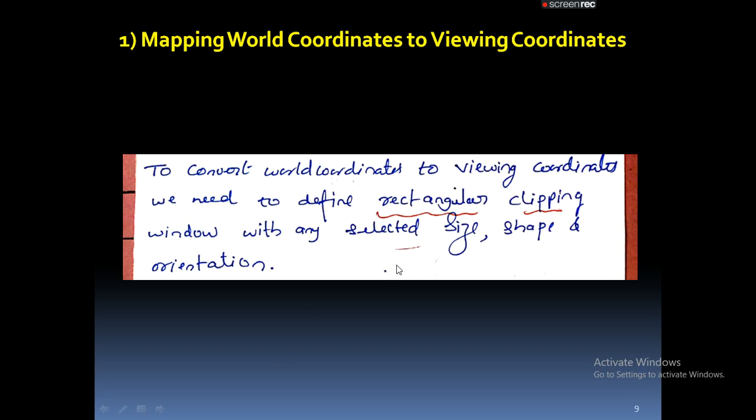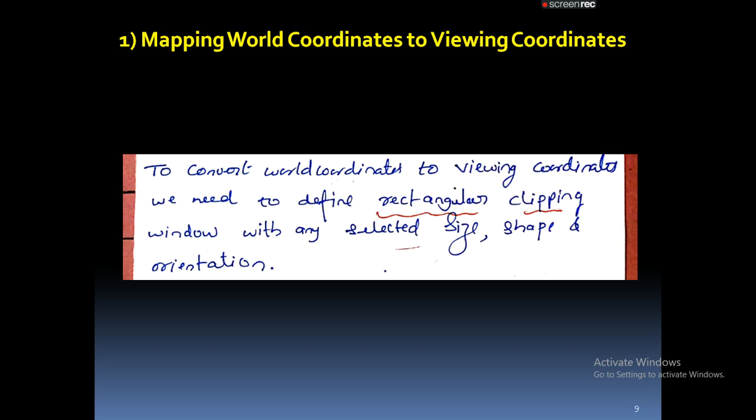So there are three properties with respect to the clipping window. You can specify any standard size of the clipping window, and with respect to shape, when we are using two-dimensional, the shape of the clipping window is nothing but a rectangle or a square.